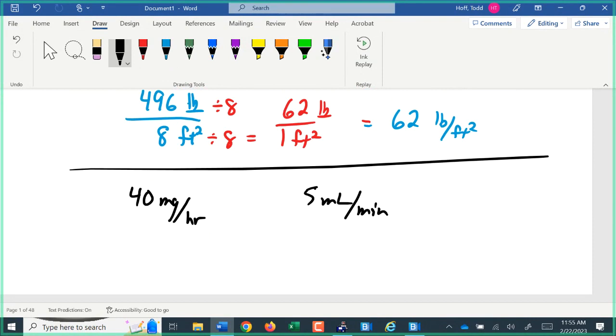Rates are going to be one of the biggest calculations we have in our medical math, because most medicines are not administered as single doses, or what we call boluses. They are administered over time. So IV flow rates or administered doses are going to be a big deal. And even for the single dose medications, the rate of concentration, how many milligrams per milliliter, how many milligrams per capsule, those rates determine how much we administer to a patient.